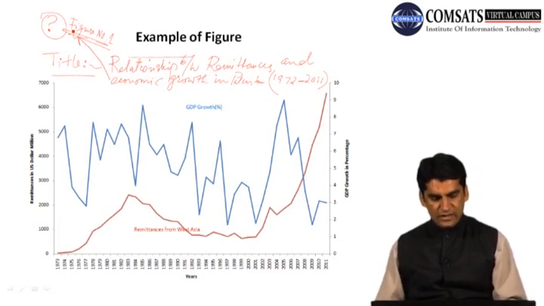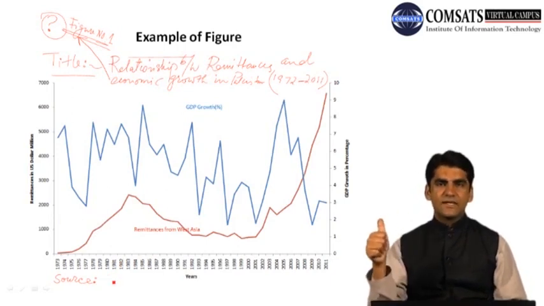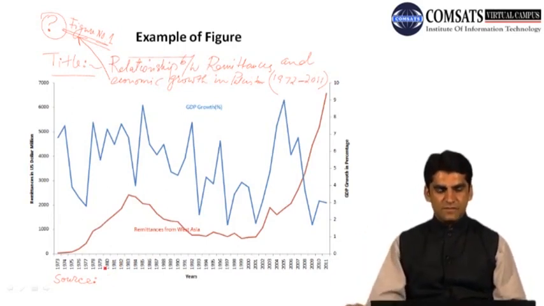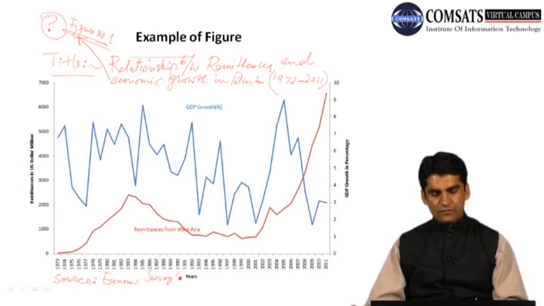And then of course when it comes to source, you have to write it here. Source. So definitely GDP growth rate, remittances in US $1 million, they are both available in Economic Survey of Pakistan.